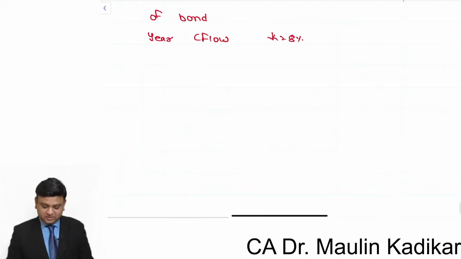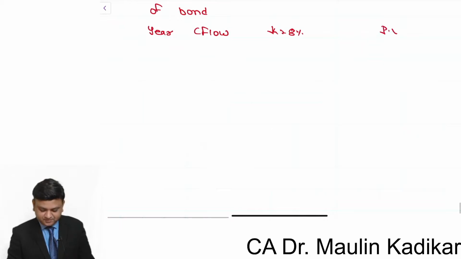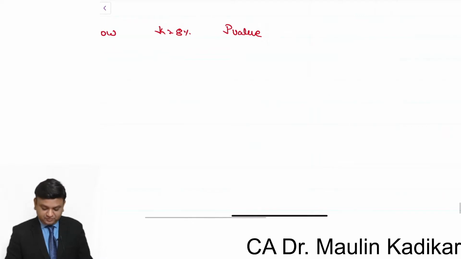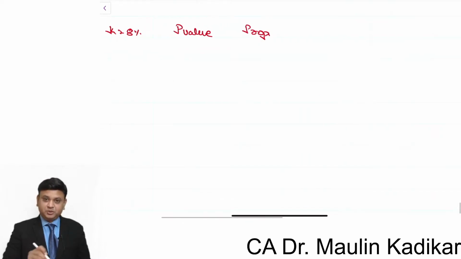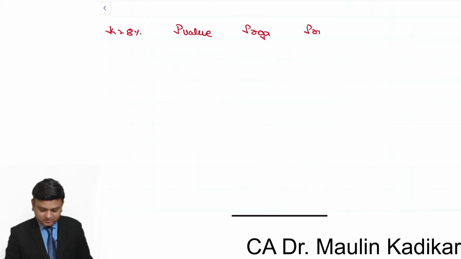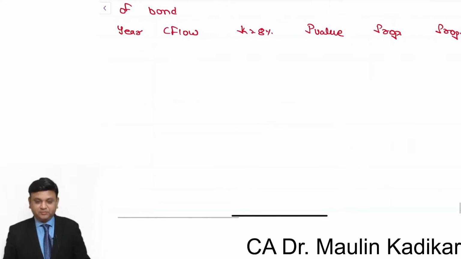Third column is the discounting factor at 8%. Next is the present value. Then we will compute the proportion of the present value, then proportion into time period, and with that we will compute the duration.